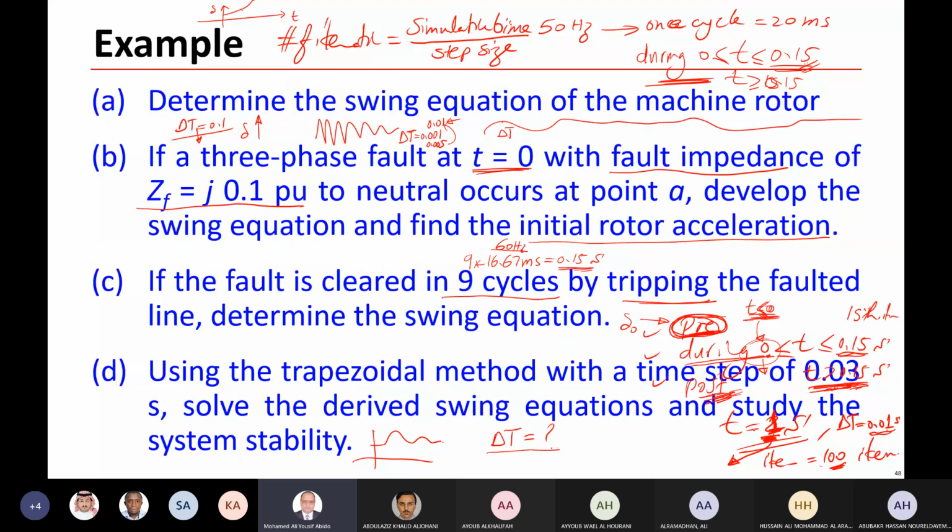We are usually very much interested in the first swing. If the system response goes to the maximum and starts getting down again, then there is hope for the system, because after this is a very short time. One cycle after the fault, you can see the response of delta reach the maximum.